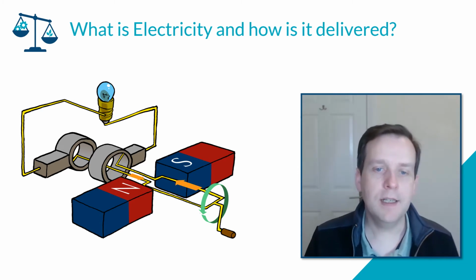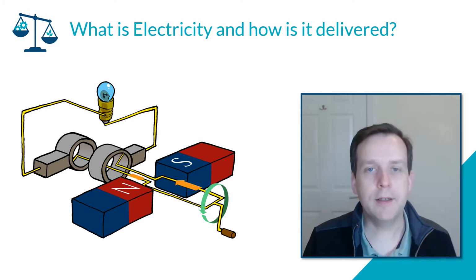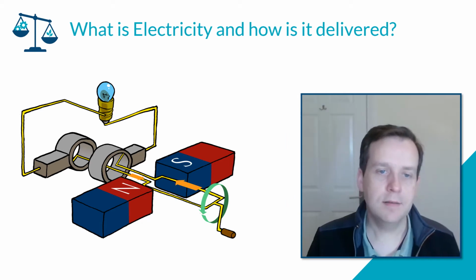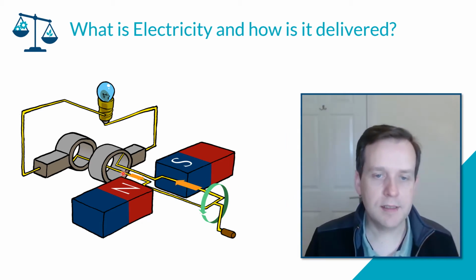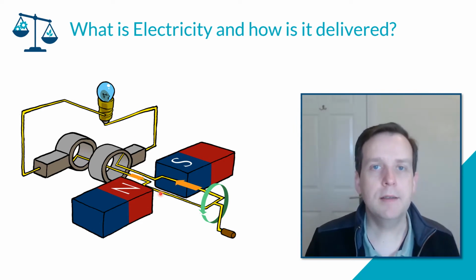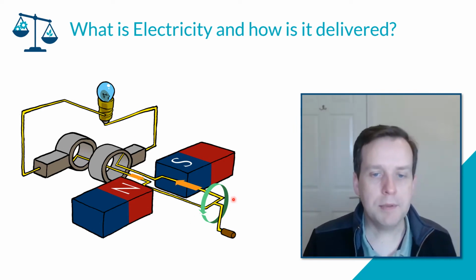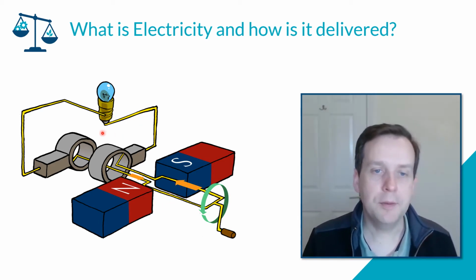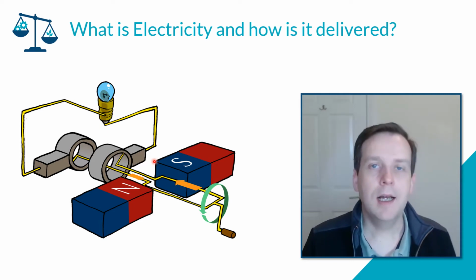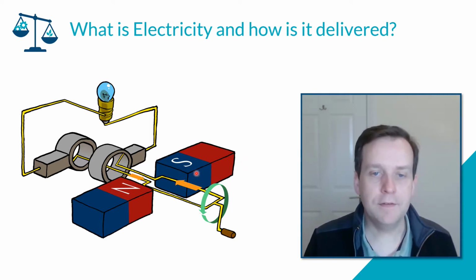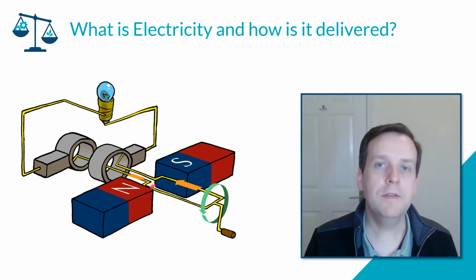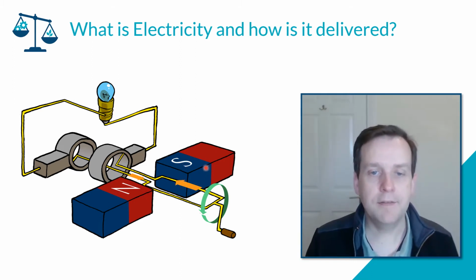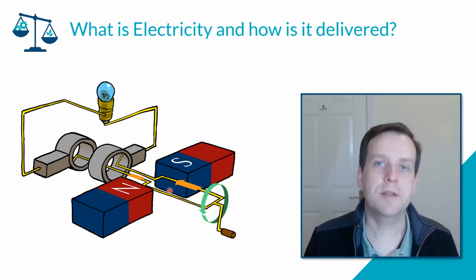We have an electrical wire connected to a light bulb, placed between two magnets. When we turn this handle, we generate an electrical current which lights up the bulb. Actual generators usually have the magnetic field moving, and the wires are stationary.